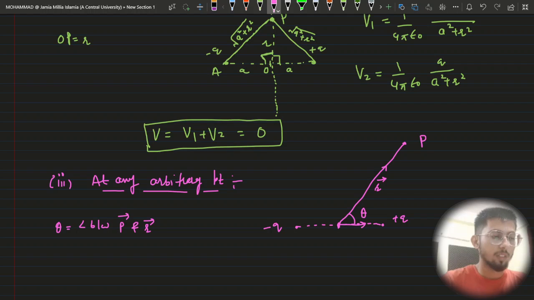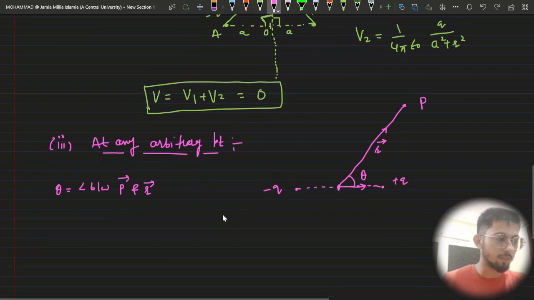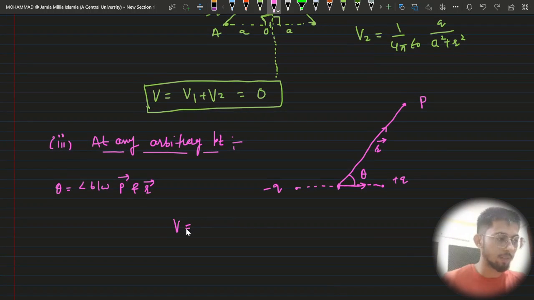I am just writing the formula directly for you because the derivation will not be coming in the exam. So V is 1 by 4 pi epsilon naught, which is always there, and here what we have is p cos theta divided by r square.